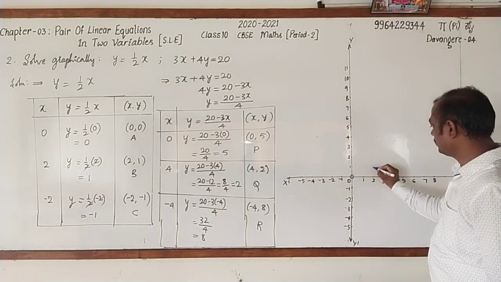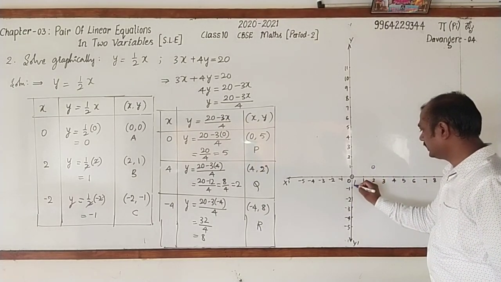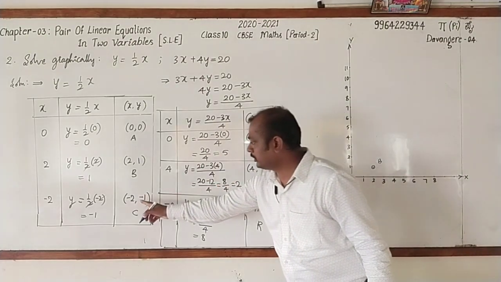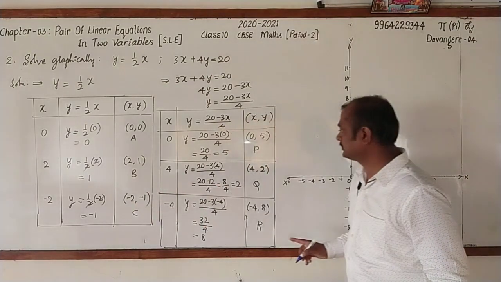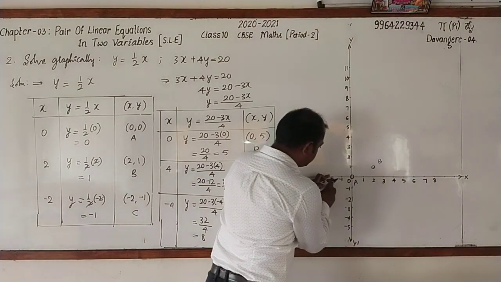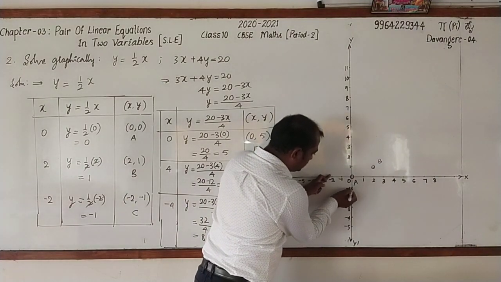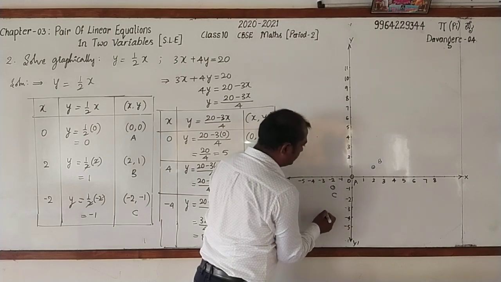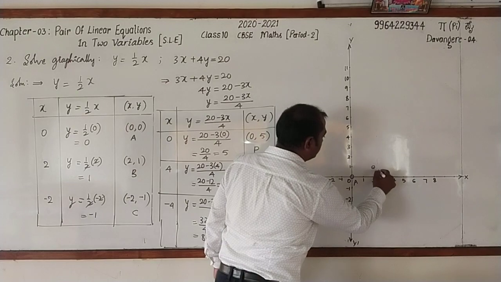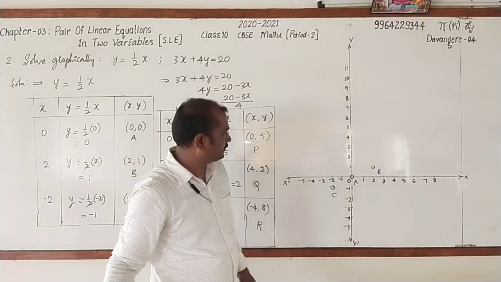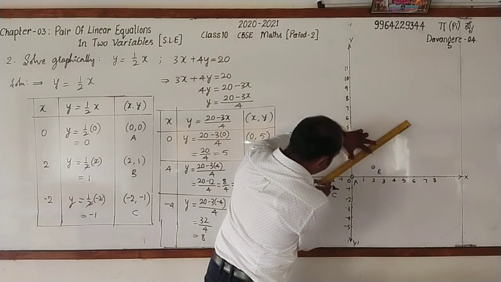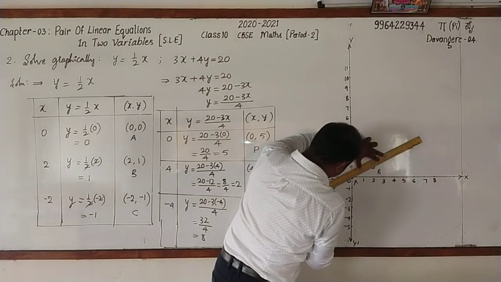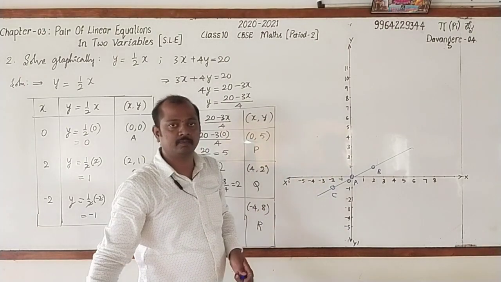Call this as B. Next, when x is minus 2, y is minus 1. That comes here. Call it as C. Let us go for joining these points. Here, let me join. This is the graph of the first equation.